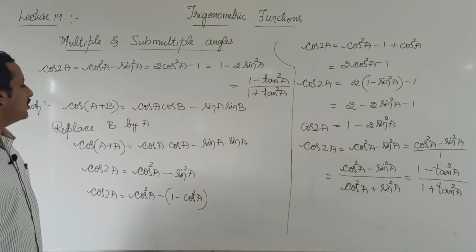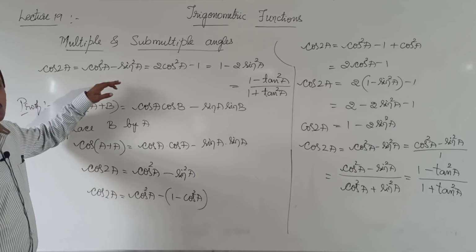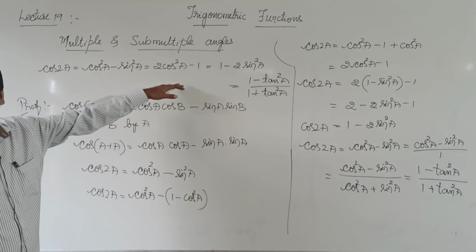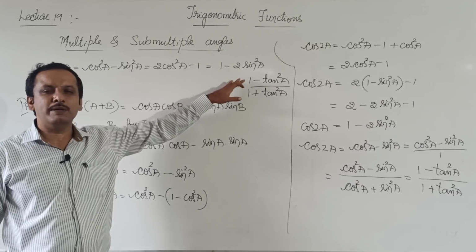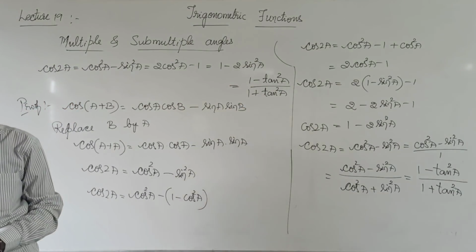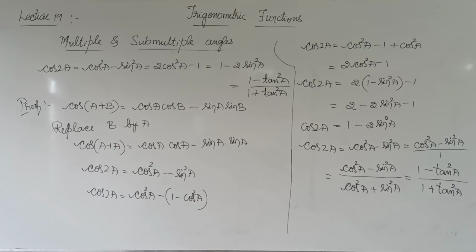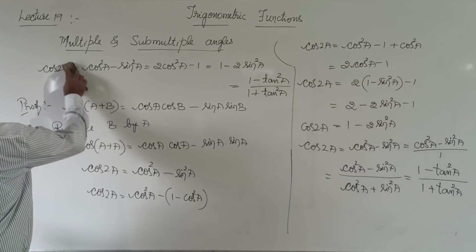Okay. So we have the formula cos 2a is equal to cos square a minus sin square a, that's equal to 2 cos square a minus 1, that's equal to 1 minus 2 sin square a, and it's also equal to 1 minus tan square a by 1 plus tan square a.